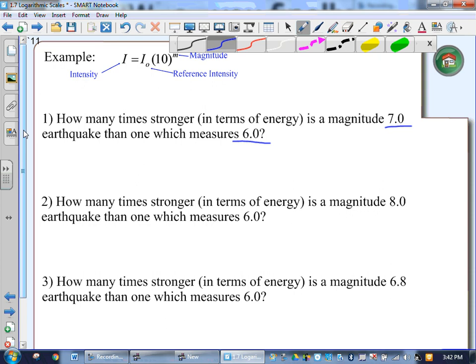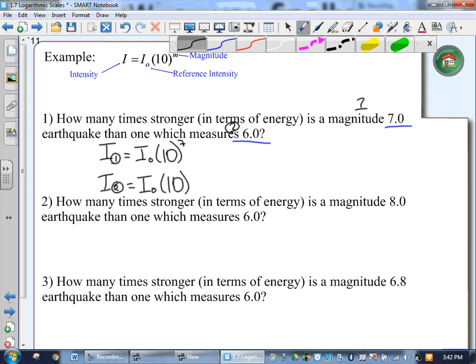Well, if I want to measure the intensity of, let's say, the first one in comparison to the second, the intensity of the first is going to equal this reference intensity, whatever that reference is, times 10 to the power of the magnitude, which is 7. The intensity of the second one is going to be equal to my reference intensity times 10 to the power of 6.